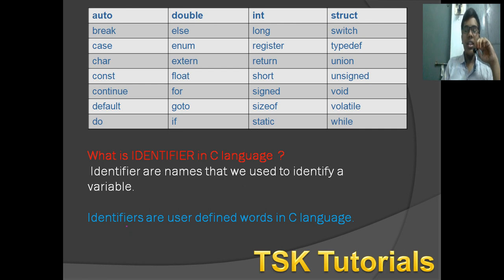We can define these like xyz or a, or x1, b1, c1, or x123, or abc4. It depends upon your input or your mind at that situation and the type of data. We have to give the data type; both of these combined give a variable.